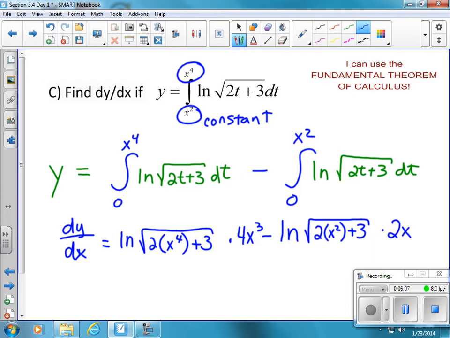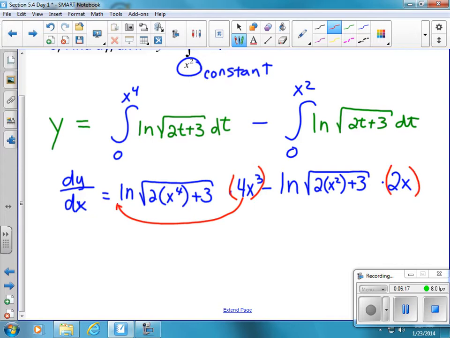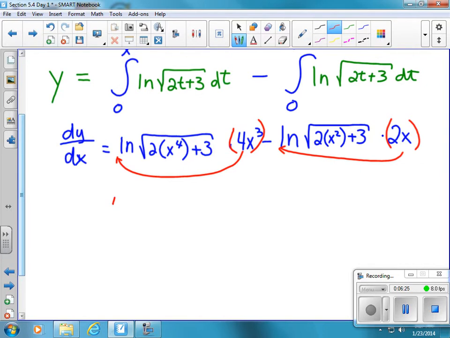Well, that's basically your answer. I mean, we can clean it up a little bit, and I might not clean it up too much. I might put these in front of the ln, this one in front of this ln, just to make it look nicer. But this is basically your answer, so it's not too bad. 4x cubed ln square root of 2x to the fourth plus 3, minus 2x.